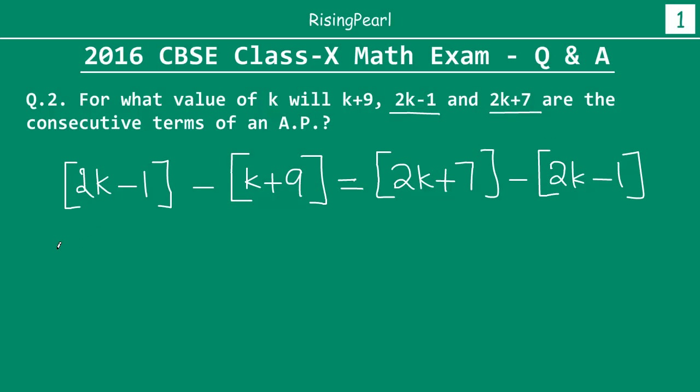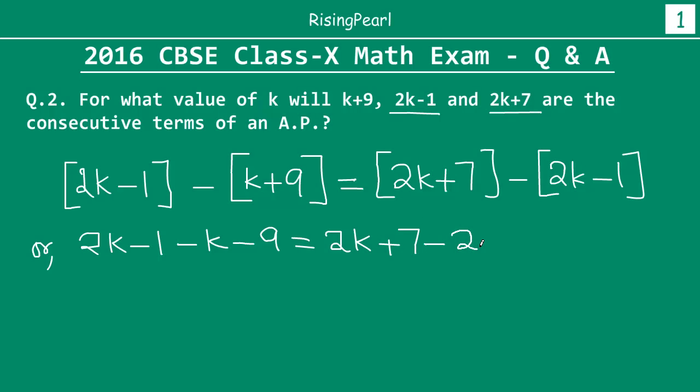Now let's find out what we get here. Let's get all the brackets out. So 2k minus 1 minus k minus 9 is equal to 2k plus 7 minus 2k plus 1.